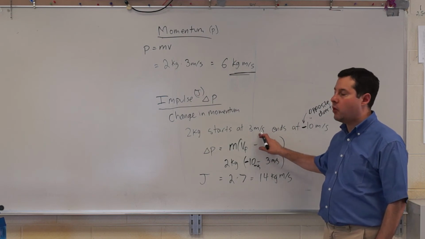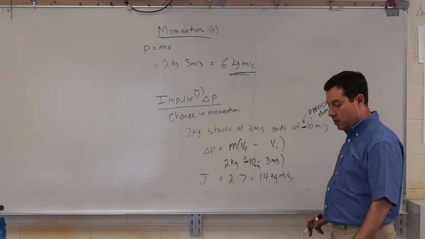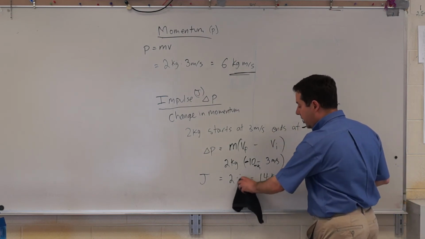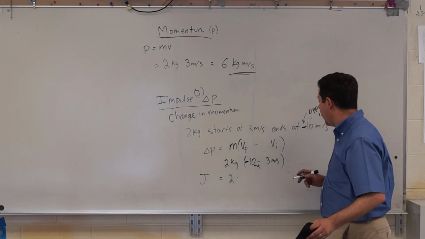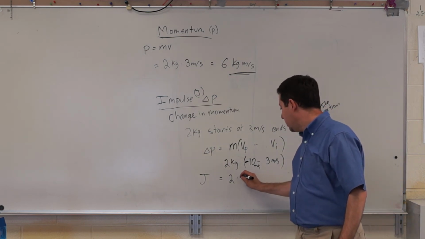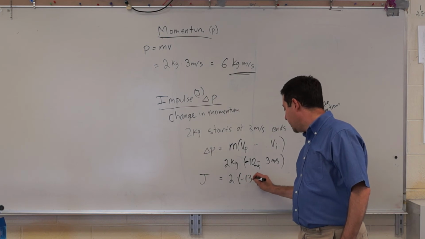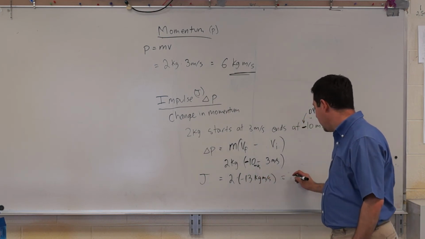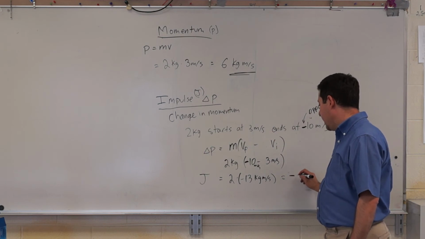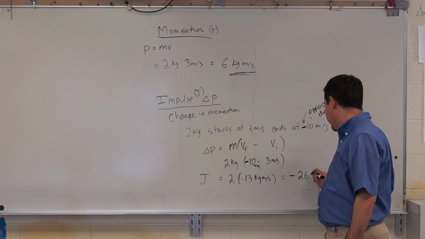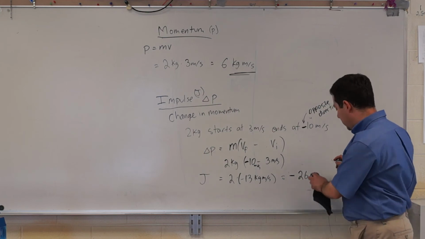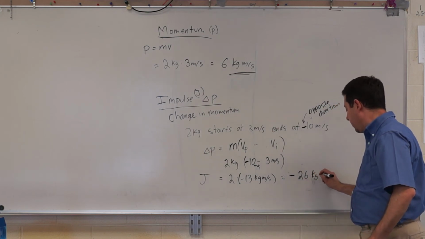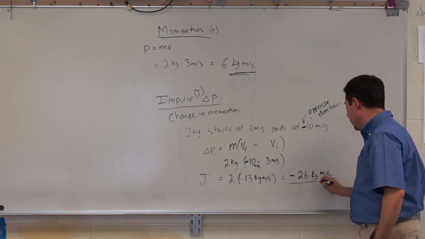You're going from 3 in one direction to 10 in the other, so your total change in velocity is going to be 13, so negative 13 meters per second. So 2 times 13 ends up being negative 26 kilogram meters per second would be your impulse.